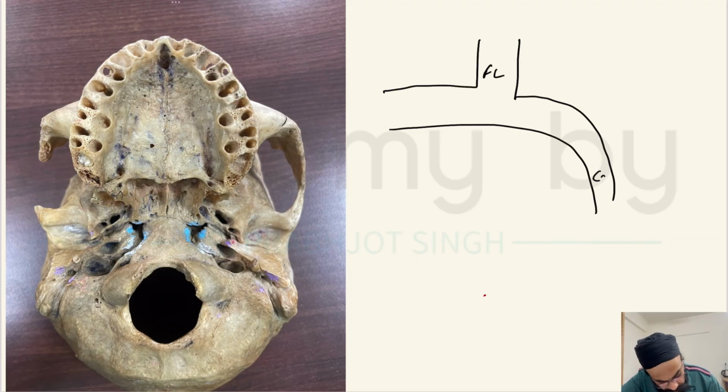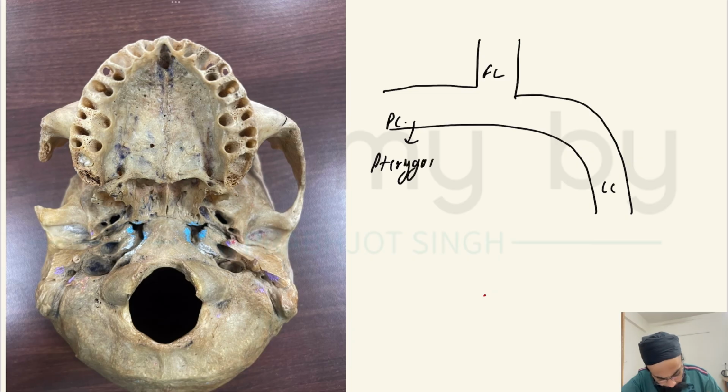So this is foramen lacerum. This is the carotid canal. This is the pterygoid canal. Which opens up. कहाँ पर कमेंट करके बताना. यहाँ पर जो अंदर की तरफ होता है ट्रायंगल, उल्टा ट्रायंगल क्या होता है कमेंट करके बताना. ओके.